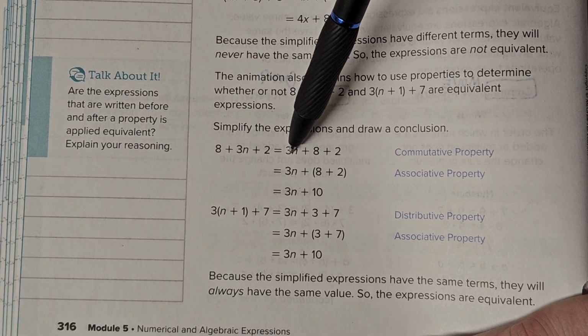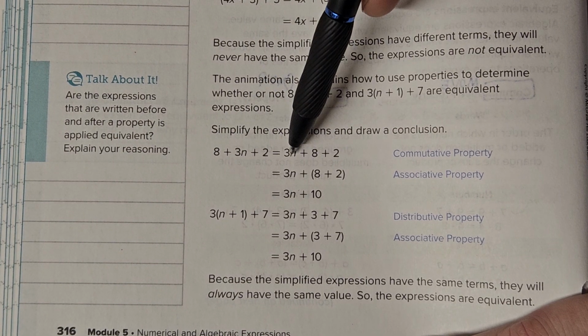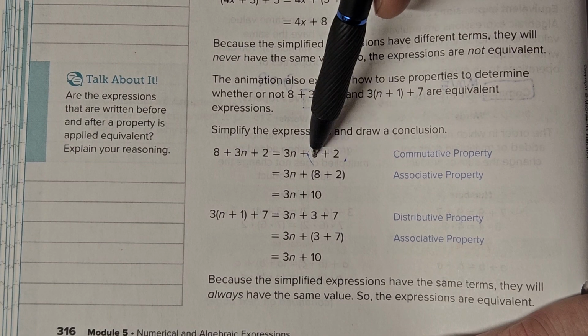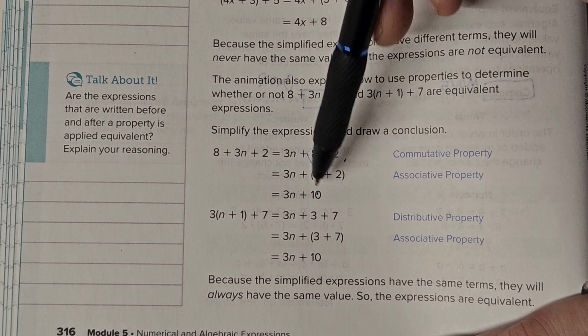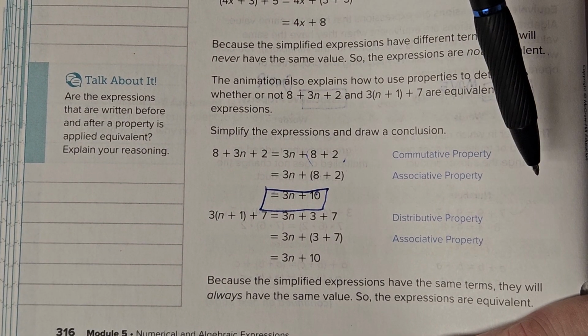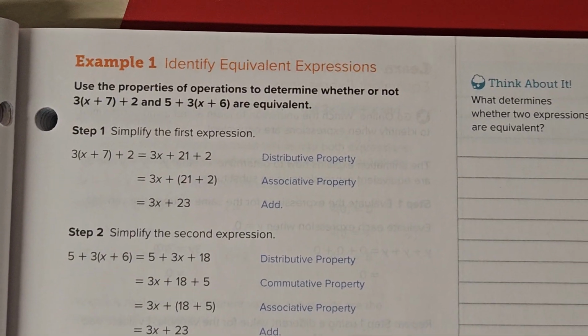Commutative, since we're adding, we could change the order. You could do 8 plus 3n plus 2, or we could say 3n plus 8 plus 2. And then associative property is when we put these brackets in, then we can do that. 8 plus 2 is 10. Okay, and that would be your answer. All right? I know, it's a lot of words. Trust me, I know.